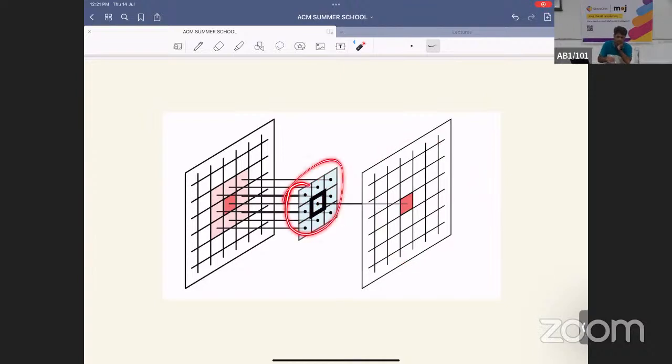After you have placed this weight at all the possible locations in the input image or input matrix, you would have done the convolution, and you would have got all the entries in your output. Everyone understood this? So the main advantage is that this weight is shared wherever I keep it.